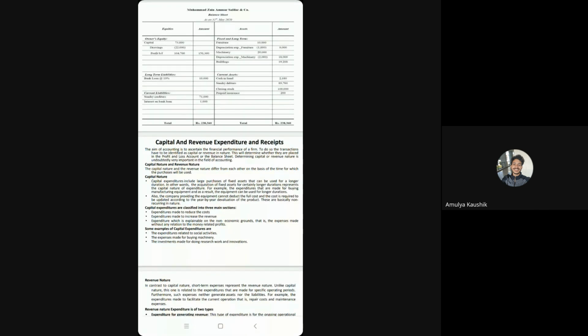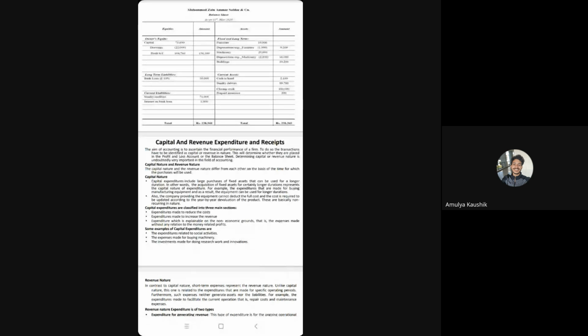Say for an example, in accounting treatment, wages given for erecting your machinery at the time of purchase of your plant and machinery. Generally, wages we treat as a revenue expenditure, shown in the trading account, right? But when you are paying wages at the time of erecting machinery, it is to be treated as a capital expenditure.